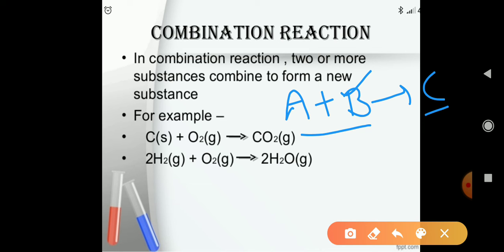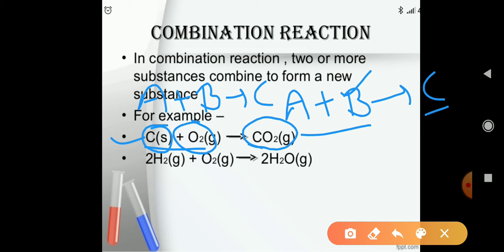Okay, see the examples for this. Carbon plus O2 gives CO2, that is carbon dioxide. Here the total reactants are two, carbon and oxygen, and the product is a single product, carbon dioxide. If we consider carbon as A, oxygen as B, and CO2 as C, then two reactants combine to give a single product.